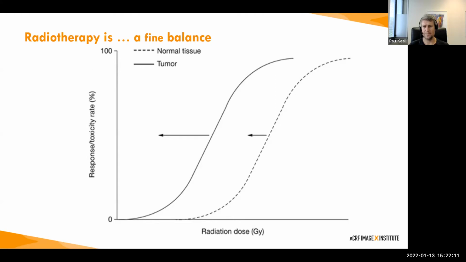So for a lot of patients, there is this balance that the treatment team are managing when it comes to radiation therapy as to what dose to give, because there can often be side effects.